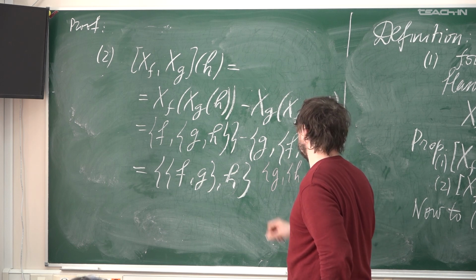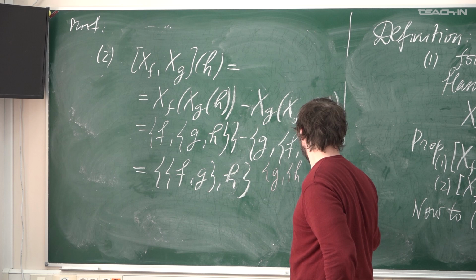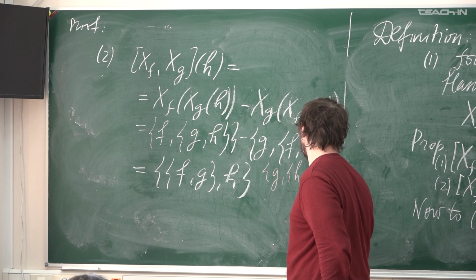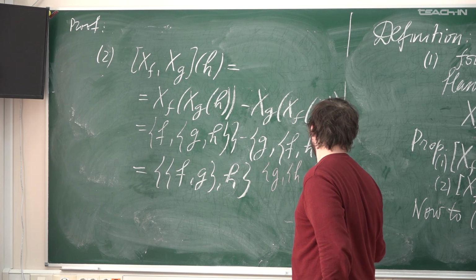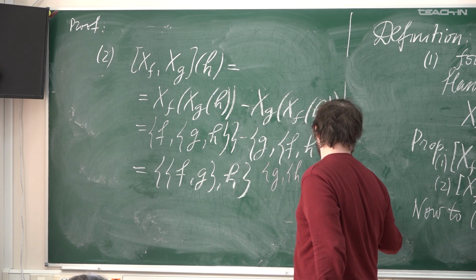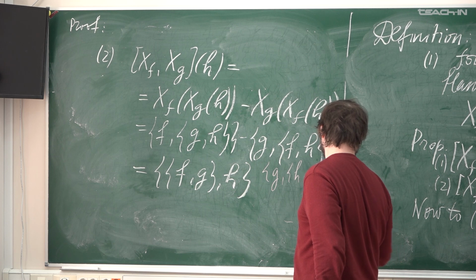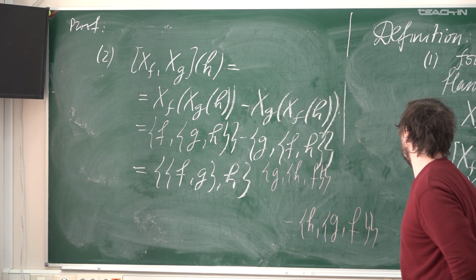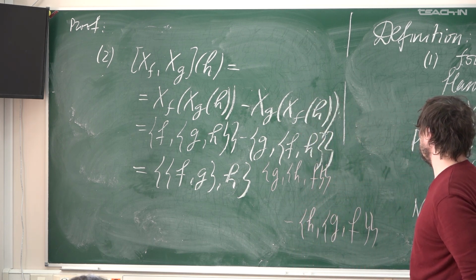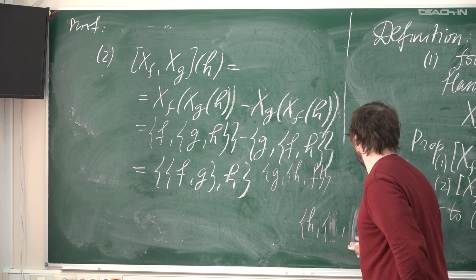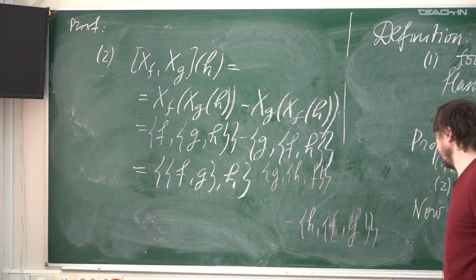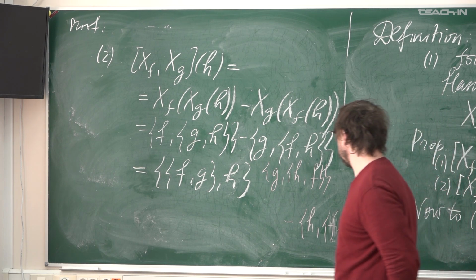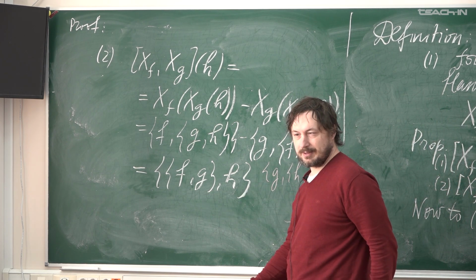So this sum will be equal to minus {h, {g, f}}, right? No, {h, {f, g}}, like this. And that's precisely this, right?